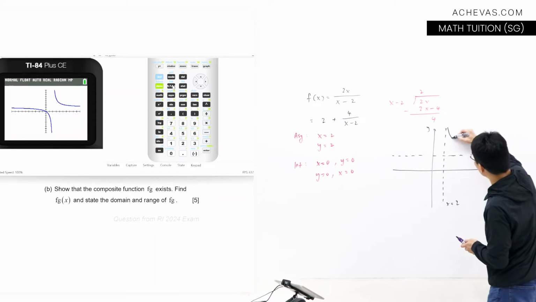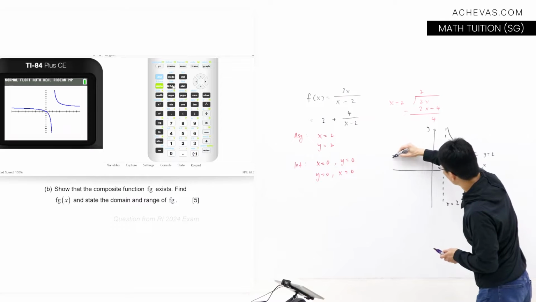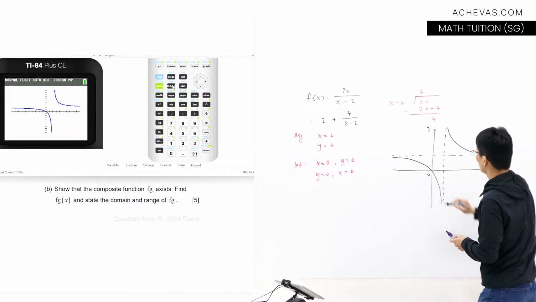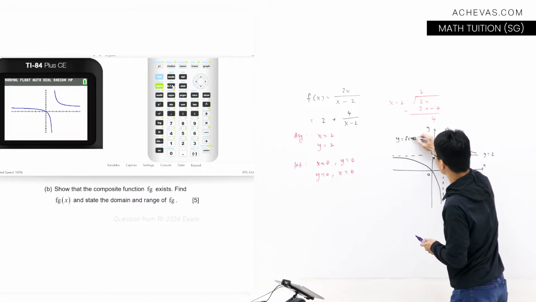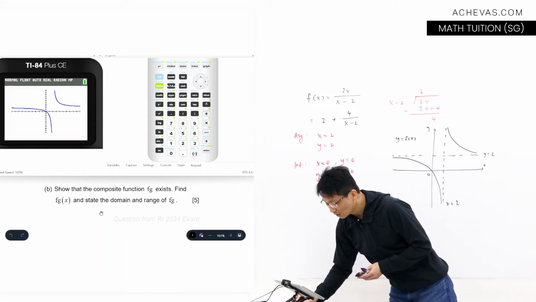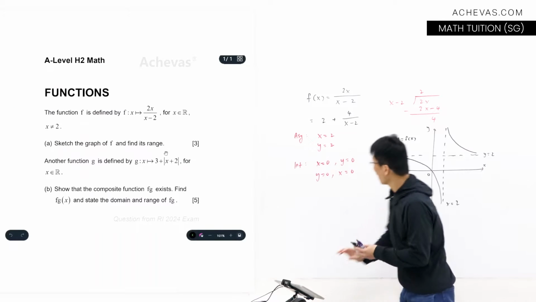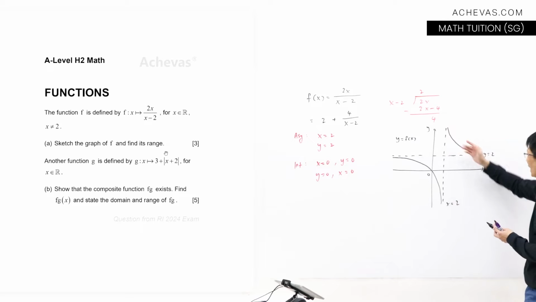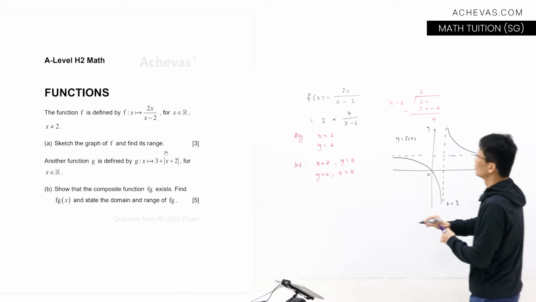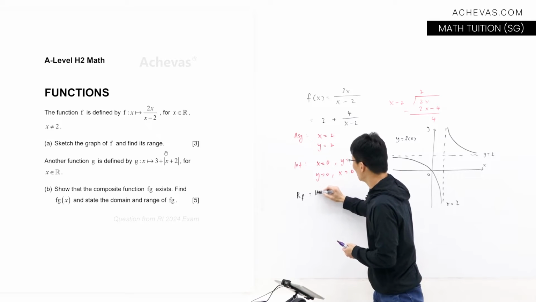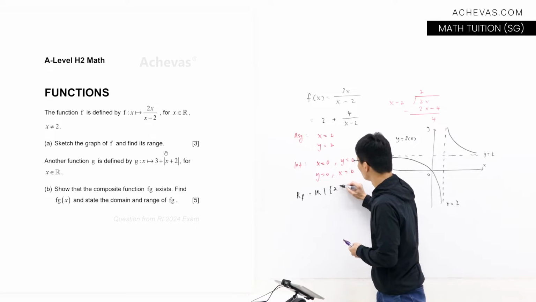So my curve will be from here to here, and from here, and it will pass through the origin. Okay, so I get y equal to f(x). From here, I should be able to determine the range of f. In fact, the range of f is every single value of y except for y equal to 2. So I know that the range of f will just be everything except for 2.